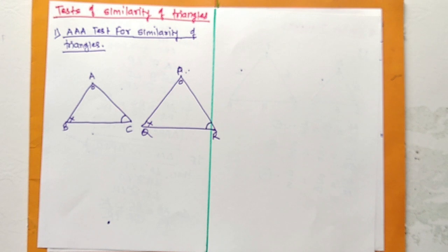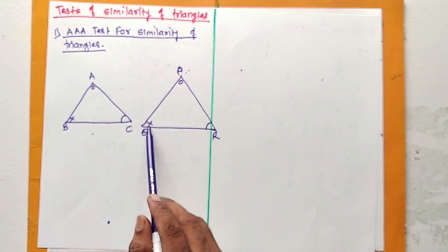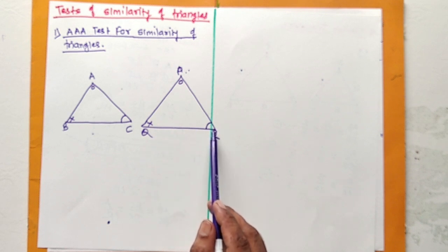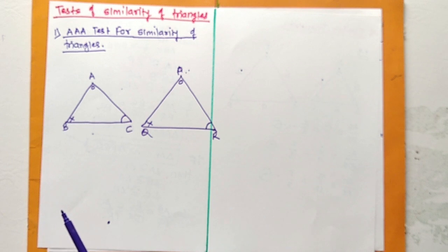The statement of this test is: for a given correspondence between the vertices of two triangles, if 3 angles of one triangle are congruent with the corresponding 3 angles of the other triangle, then the two triangles are similar.